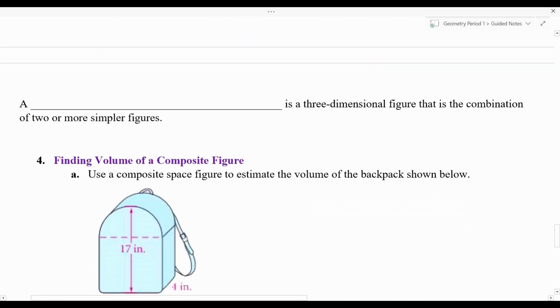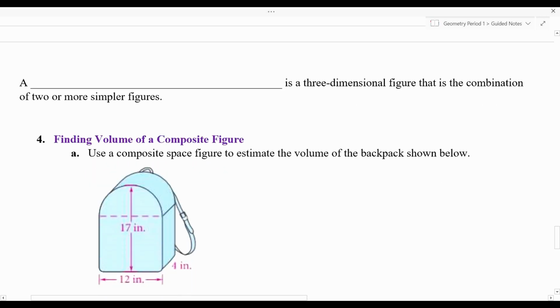All right, so we have here our next term, which is a composite space figure.